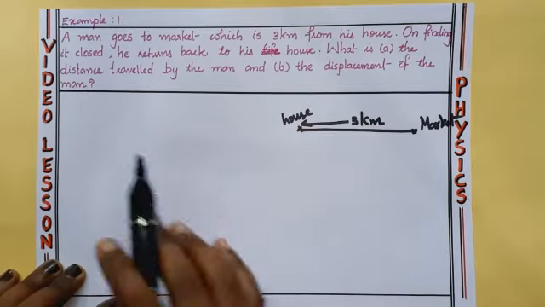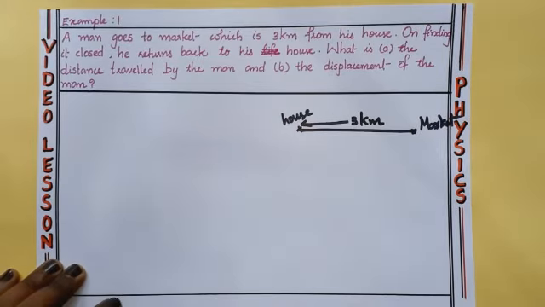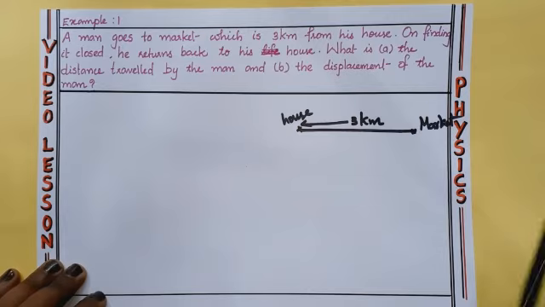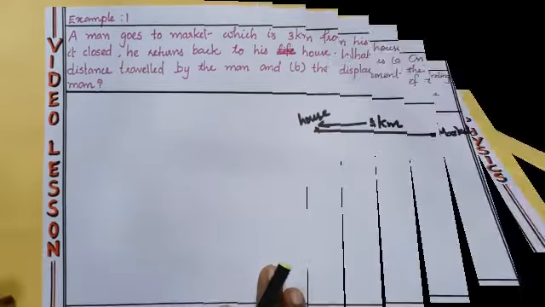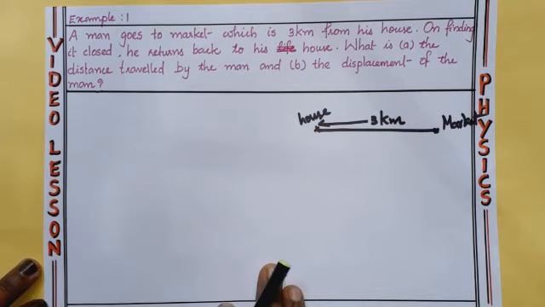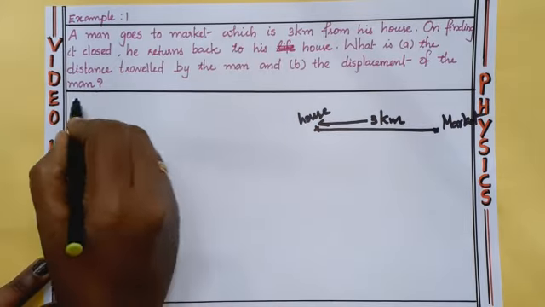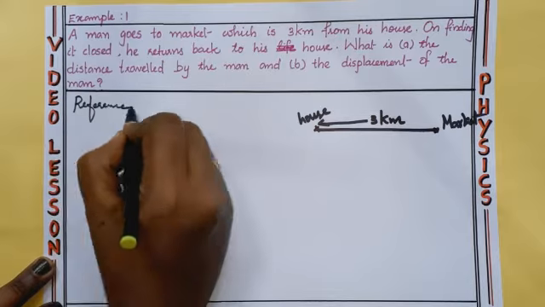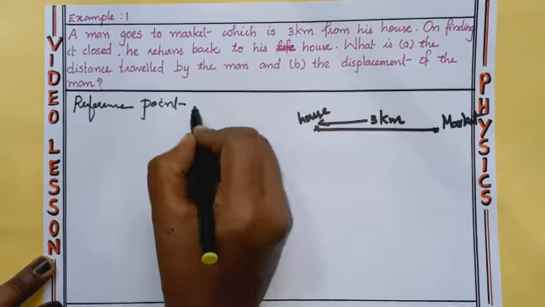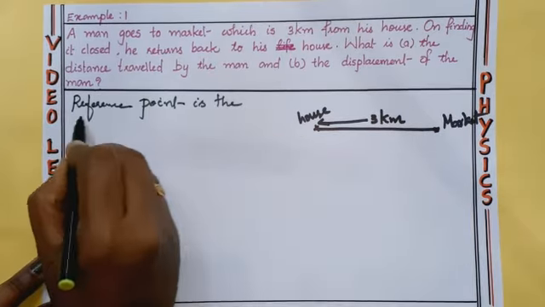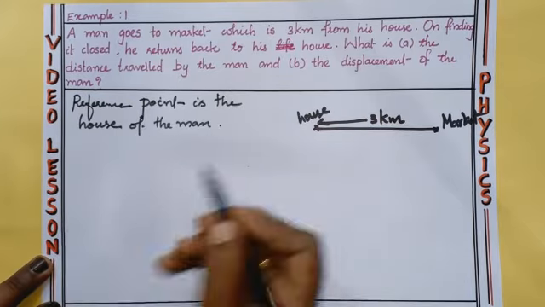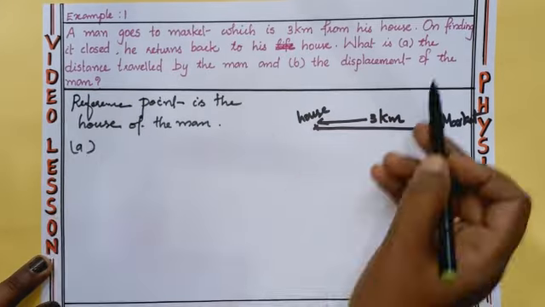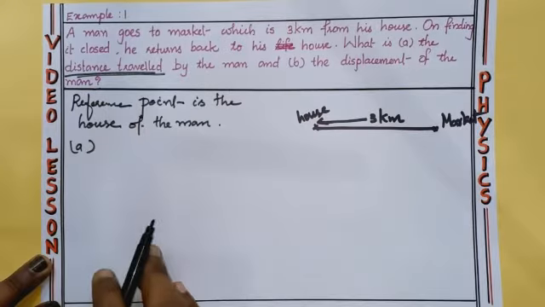Then what is the distance traveled by the man? First, the reference point is the house of the man, and first we want to find the distance traveled by the man.